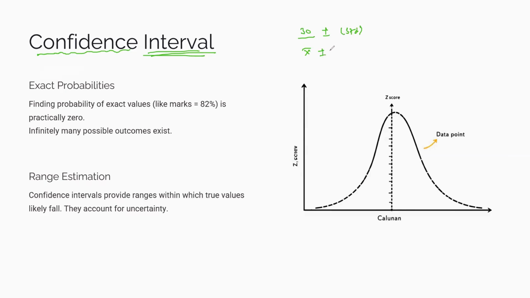Which gives me some kind of interval, plus or minus some deviation. I'll represent standard deviation with, not population standard deviation, but sample standard deviation. Some variation.